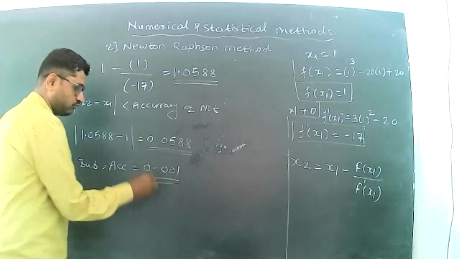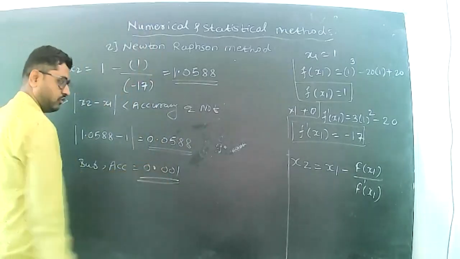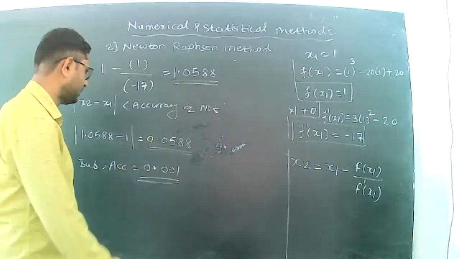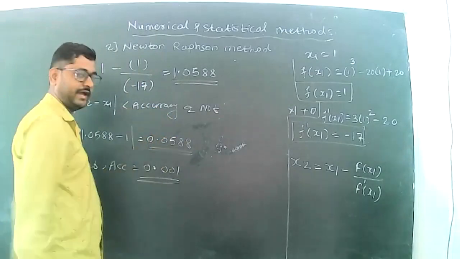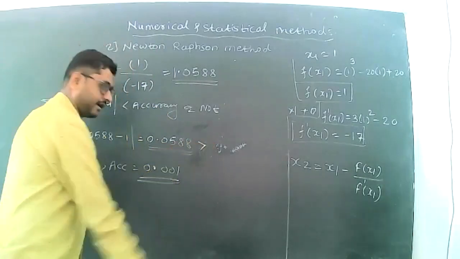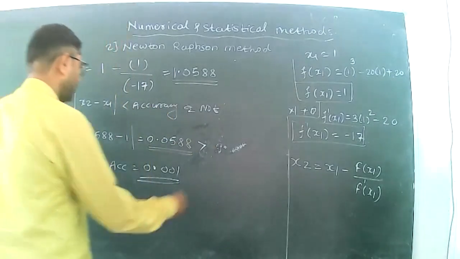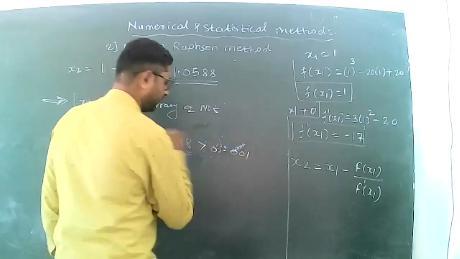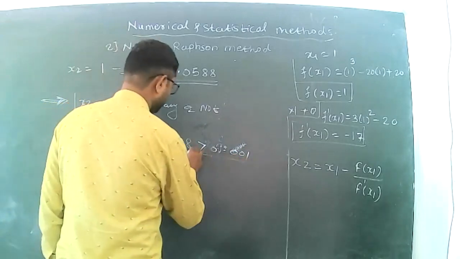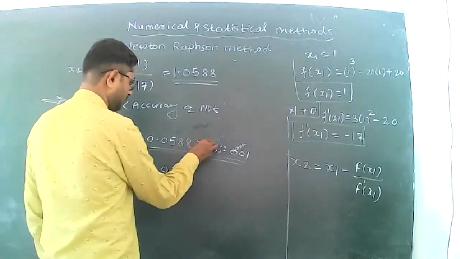Up to this accuracy, you have to find the root of the equation. The difference between x2 and x1 is 0.0588, and this is greater than 0.001, which means we have to perform the next iteration.